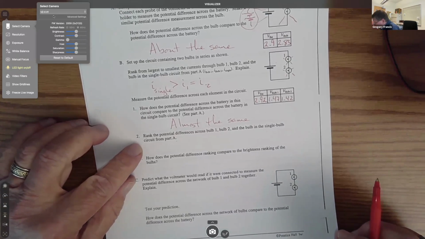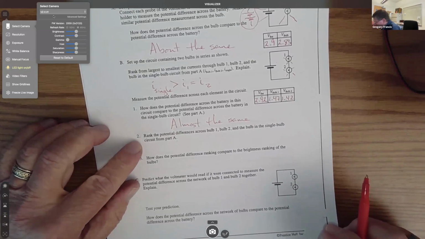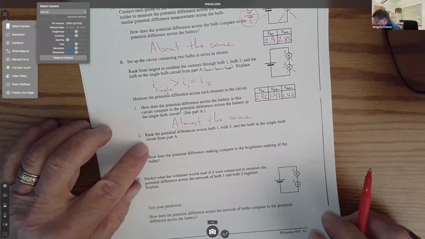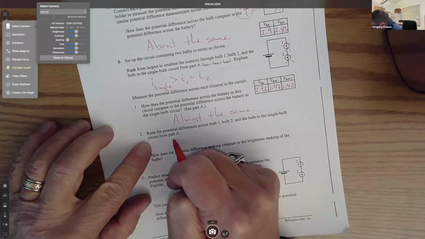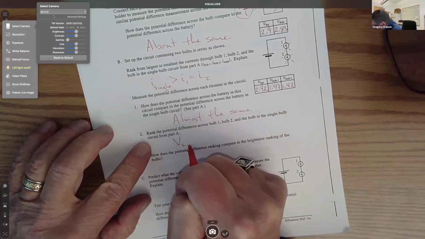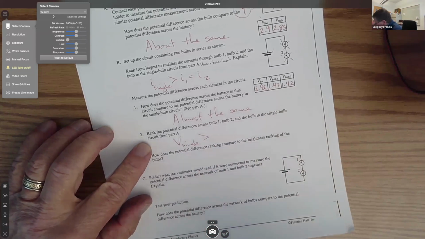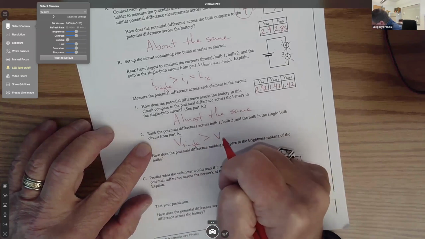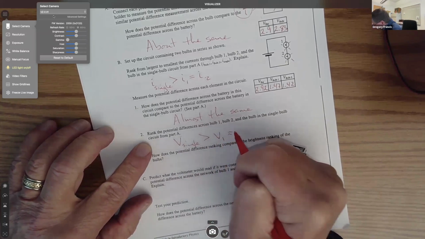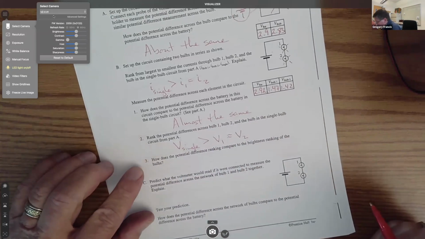Rank the voltage difference across bulb 1 and bulb 2 and the bulb in the single bulb circuit from part A. So the voltage across the single bulb is twice as much as the voltage across bulb 1, which is approximately equal to the voltage across bulb 2.